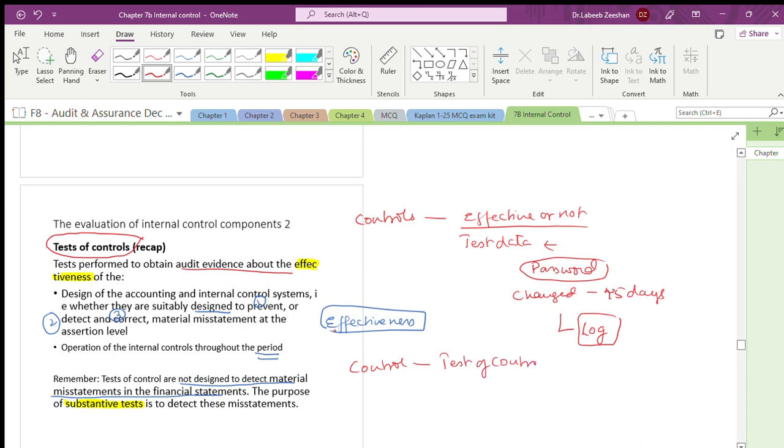And the last one, substantive procedures. All three are different. The format and approach of substantive procedures is completely different.